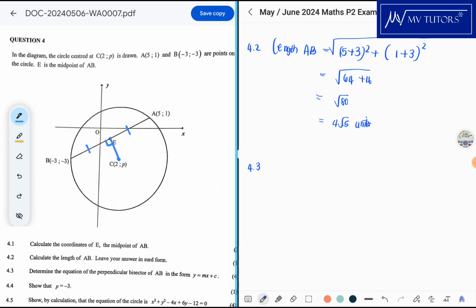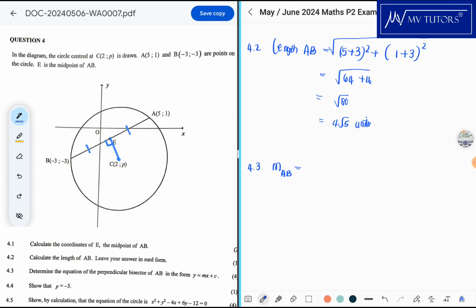All right, so let us go ahead and do that. Well, firstly, we are going to have to determine the gradient of AB, all right? And then once you have the gradient of AB, we know that the product of the gradients must give you -1, okay? Because they're perpendicular. So let's first get the gradient of AB.